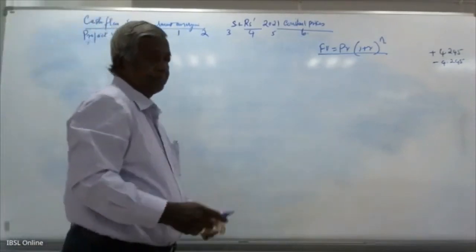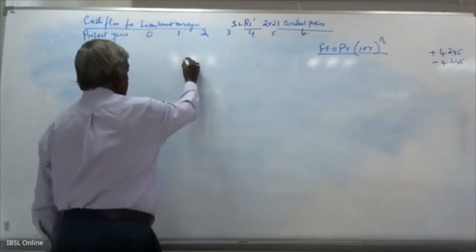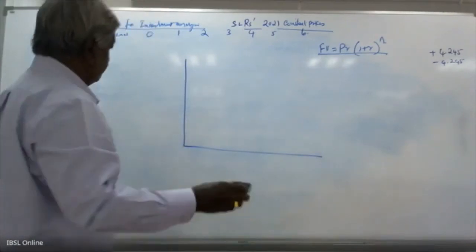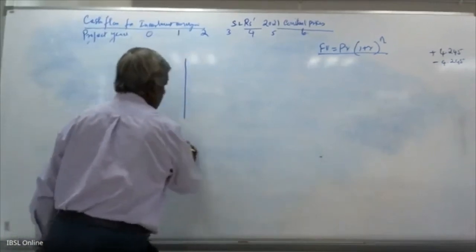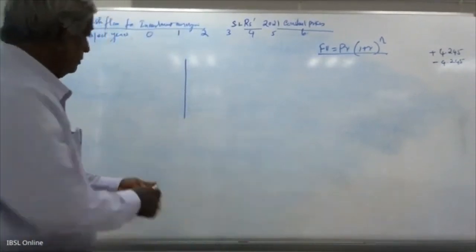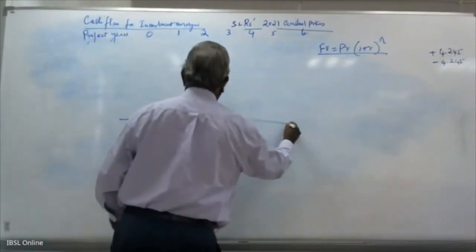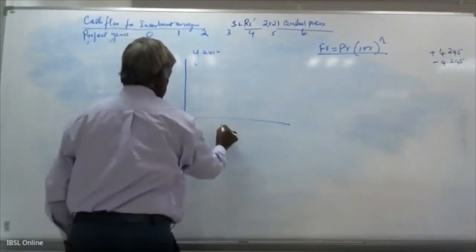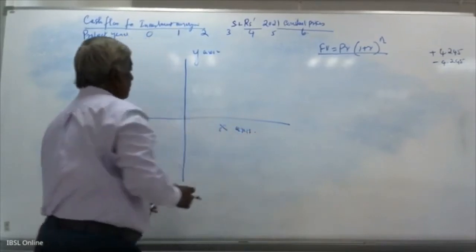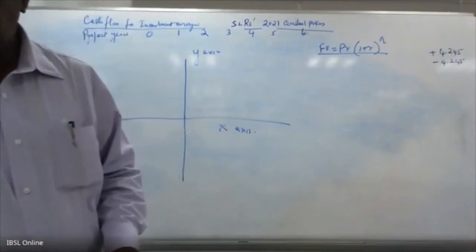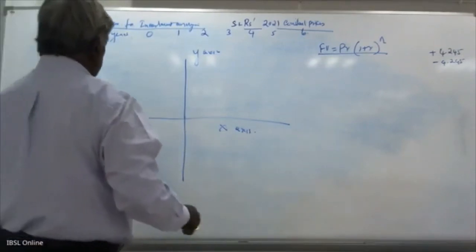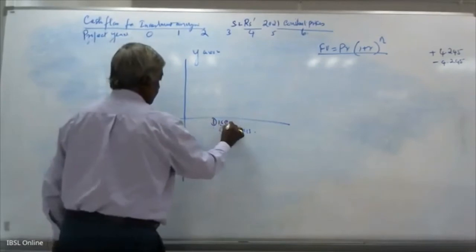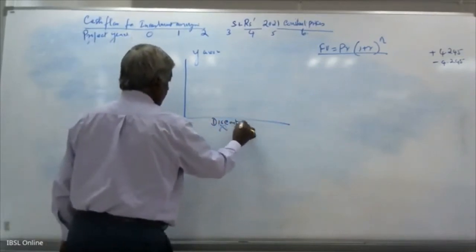If you plot a graph, on the x-axis we plot the discounting rate.